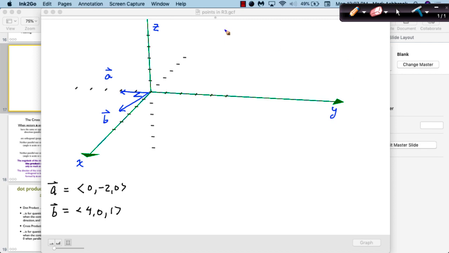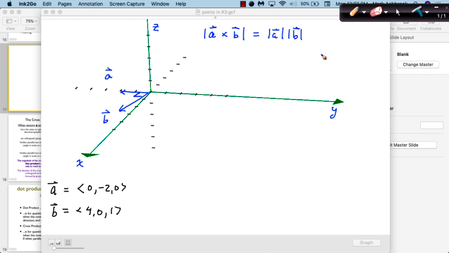The magnitude of the cross product is going to be the magnitude of A times the magnitude of B, because these are orthogonal. It's the product of the magnitudes so long as they are orthogonal, and they are orthogonal, so it's going to be the product of the magnitudes.